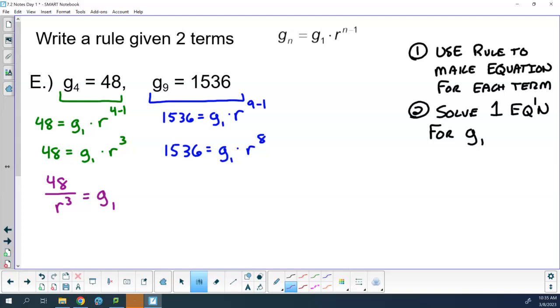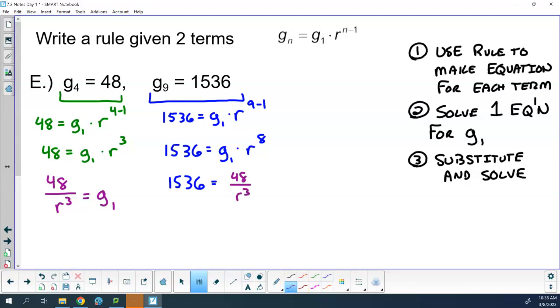Then I'm going to take that and put it into the other equation. 1536 is equal to, now I have g sub 1 as 48 over r cubed.